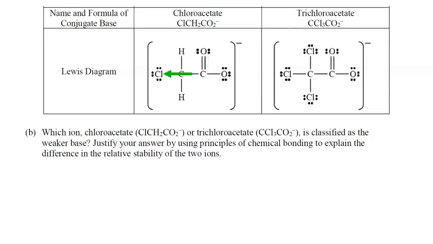So there is one chlorine atom that can withdraw electron density away from the oxygen atom that carries the negative charge in that ion, but then since trichloroacetate has 3 chlorine atoms, it can do a better job of pulling or withdrawing electron density away from that oxygen atom that carries the negative charge.